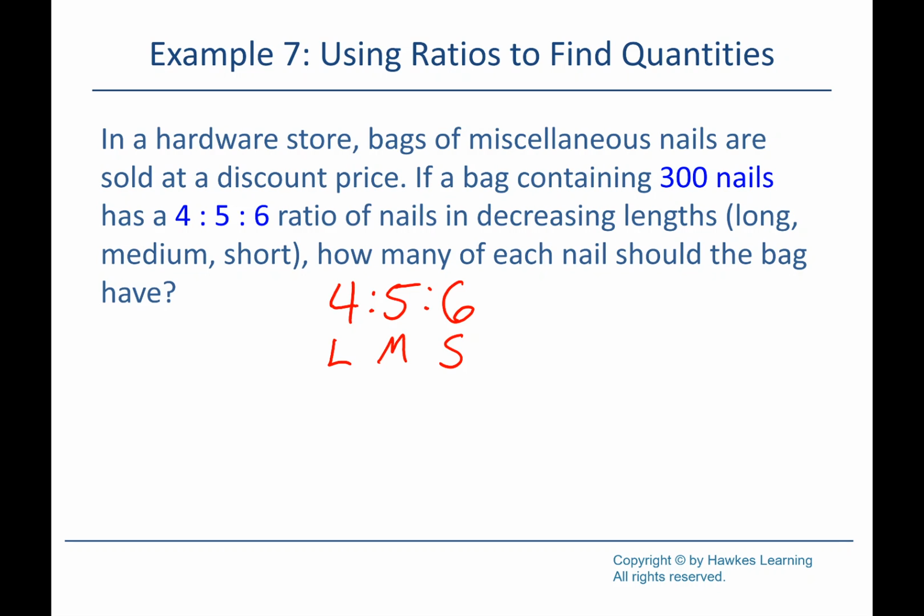But we can get a total. What can we do? We can add these up. So 4 plus 5 plus 6. If we do that, we get a number we can use in our ratio for the total. That's 15.